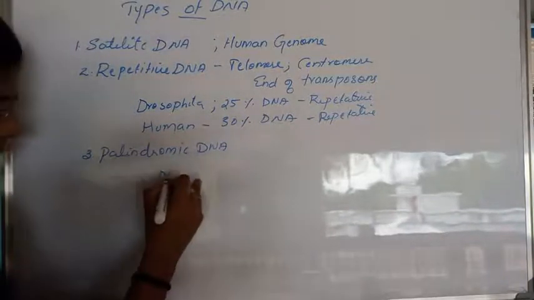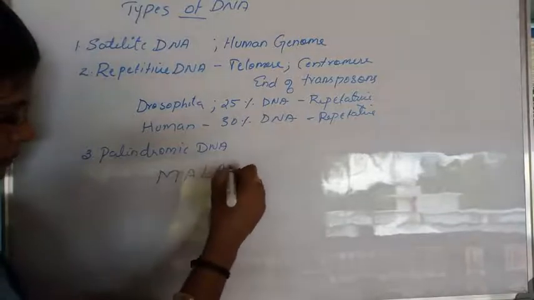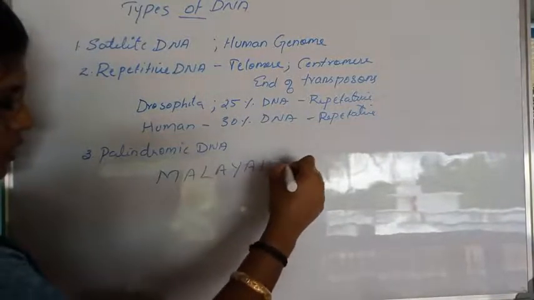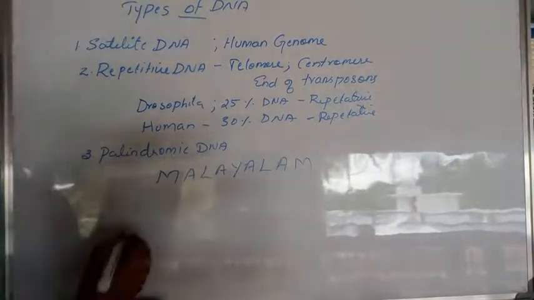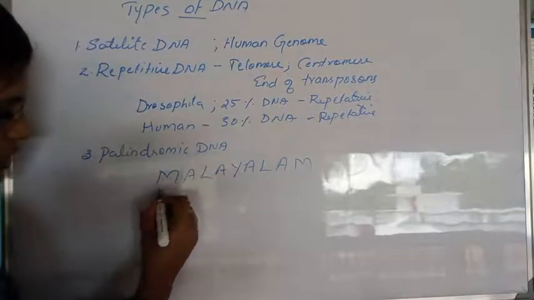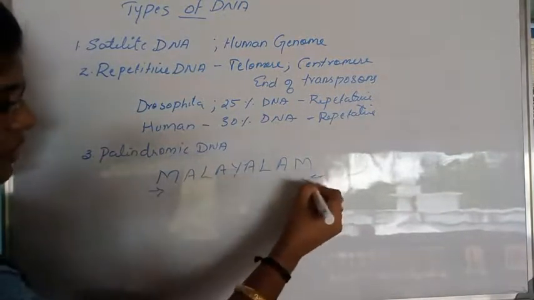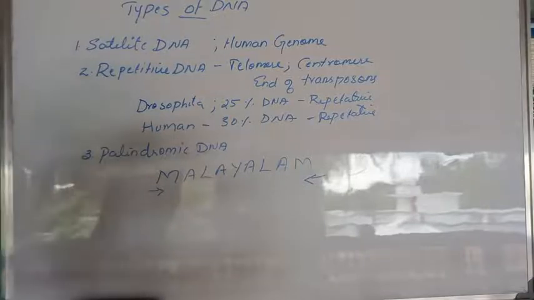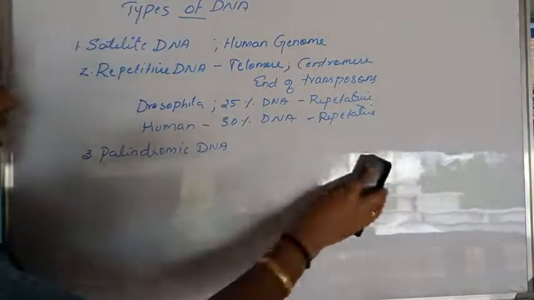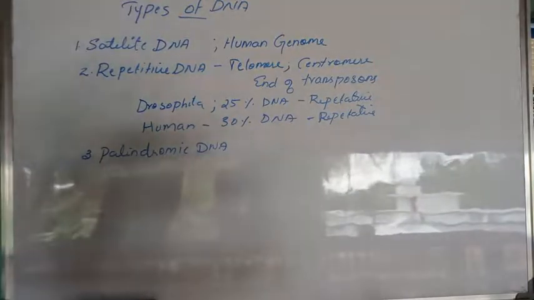For example, Malayalam. If you read from here, it is Malayalam, and if you read from here also, it is Malayalam. That is the palindromic sequence. You may get many words which come under this.